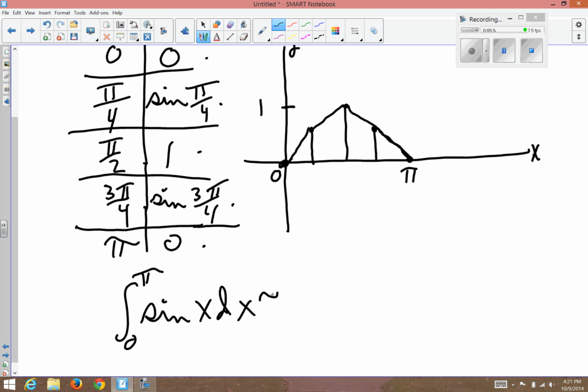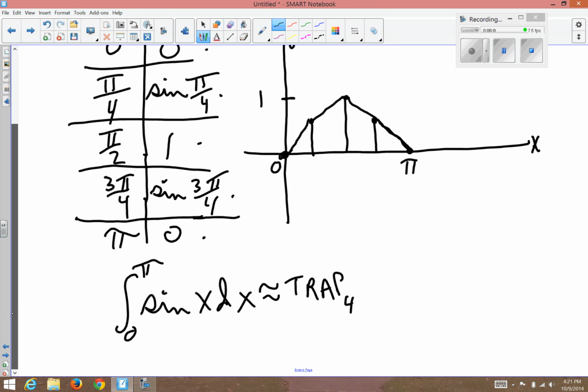We're going to say it's approximately equal to the trapezoidal rule, subscript 4, meaning 1, 2, 3, 4 trapezoids, and the area of every trapezoid is 1/2 the height times base 1 plus base 2. This applies to each of these trapezoids.